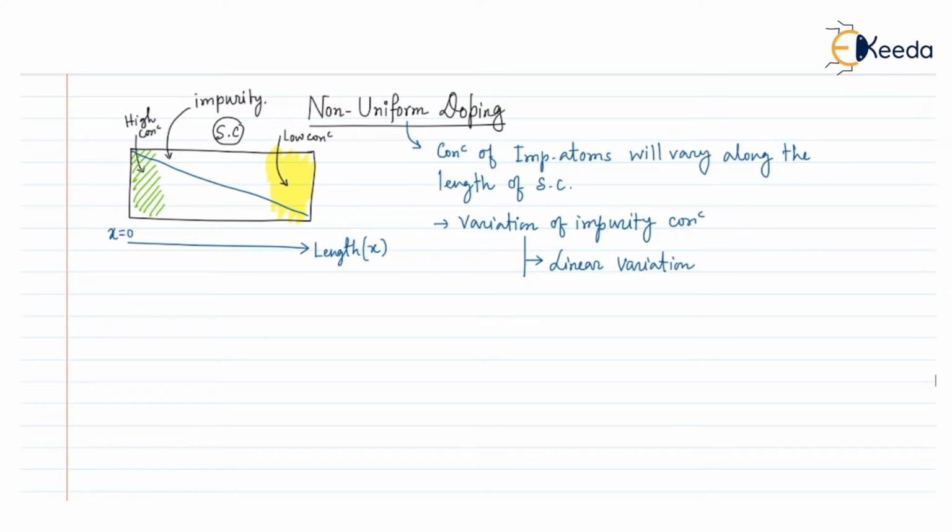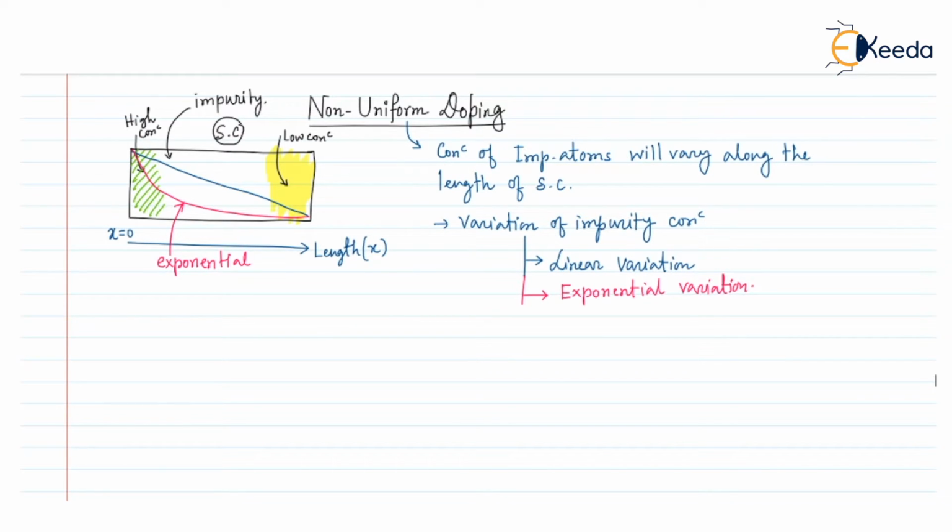Similarly, if the impurity concentration varies like this, this is the exponential variation. So another type of variation of impurity concentration is the exponential variation.